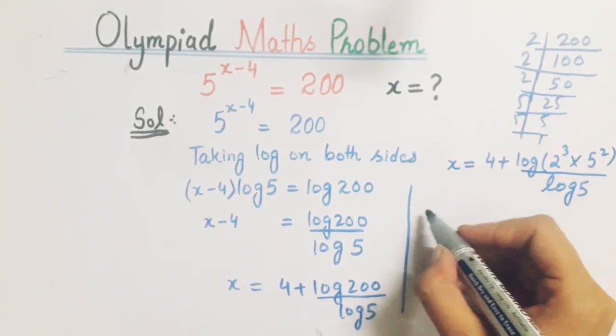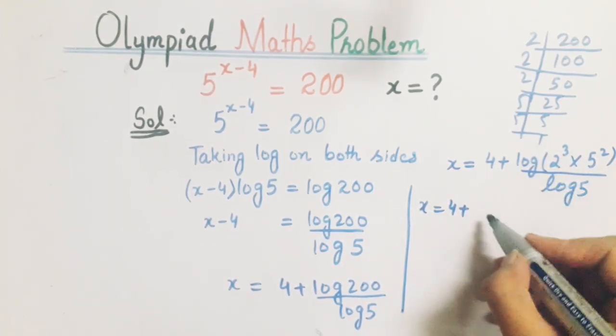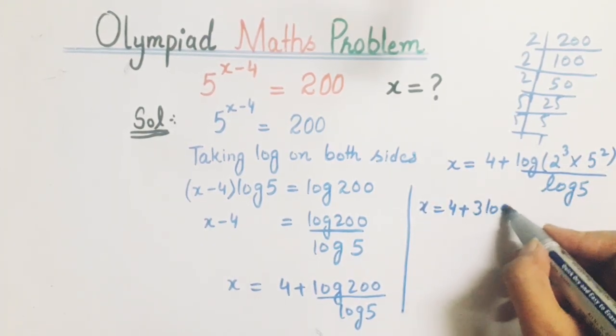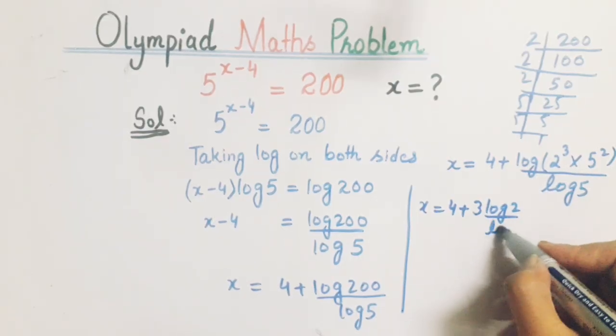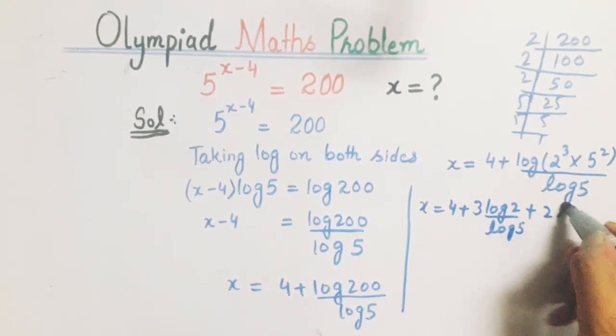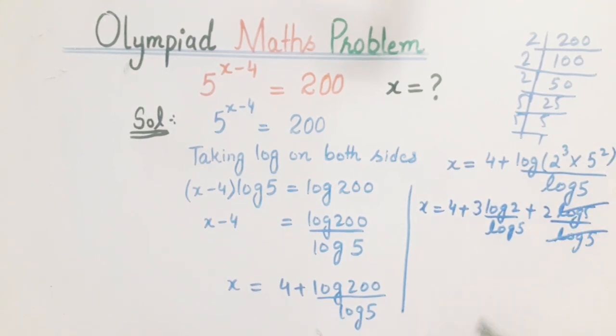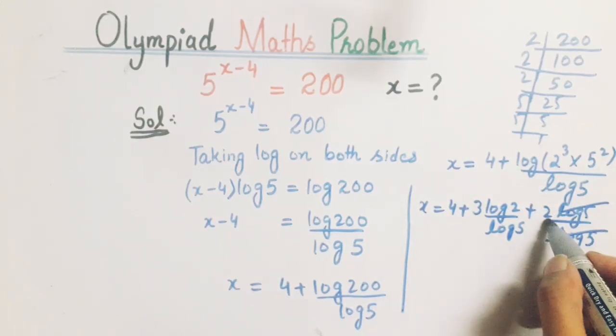According to that, x equals 4 plus 3 log 2 divided by log 5, then plus 2 log 5 divided by log 5. Log 5 and log 5 are cancelled out. We have only 2.